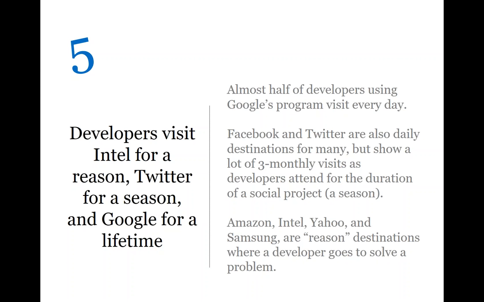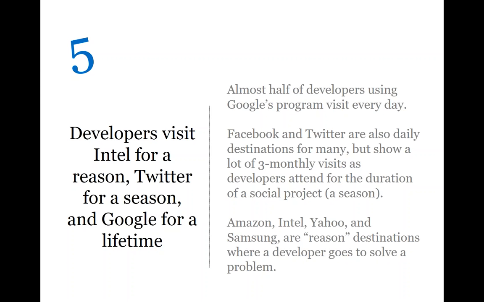People will say, I am an Android programmer, I am an Elastic Cloud programmer, and those people are signed up for a lifetime. The lifetime of the technology, perhaps, rather than their own lifetime. Things move very quickly. But they're signed up for a lifetime, and they'll be there a lot. And so we have a reason, a season, and a lifetime.